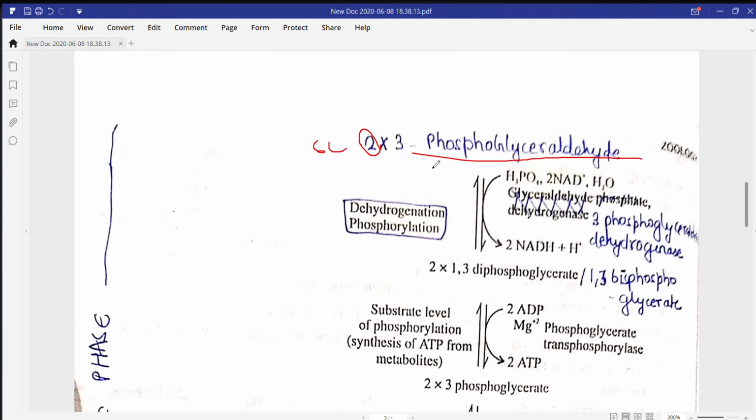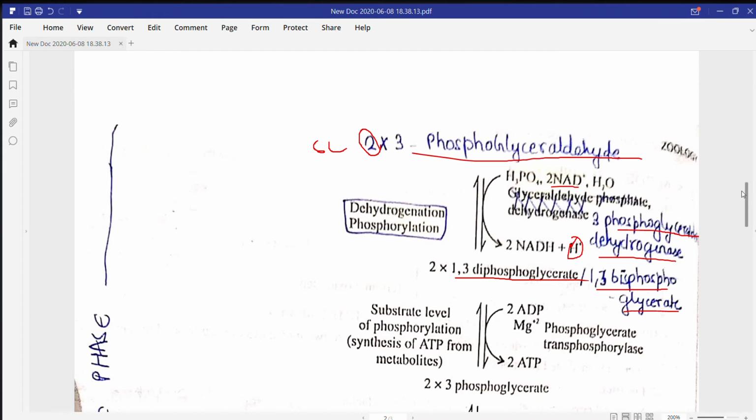So 2 molecules of 3-phosphoglyceraldehyde will undergo a dehydrogenase process to form 1,3 bisphosphoglycerate, or diphosphoglycerate, with the help of phosphoglyceraldehyde dehydrogenase, in which the dehydrogenase process takes place with the help of NAD positive.